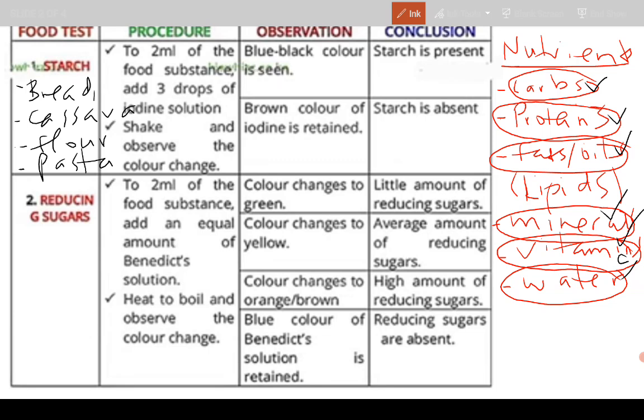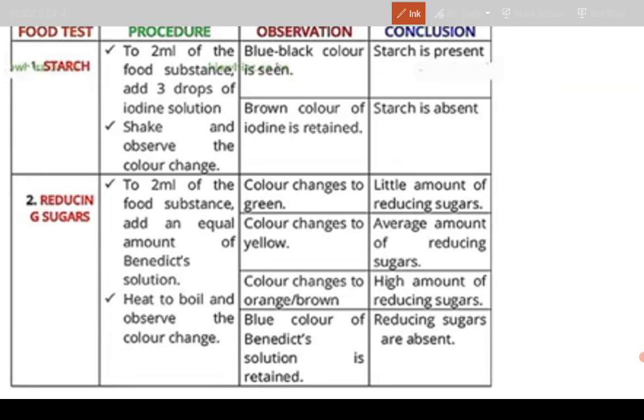Also, for those foods that do not contain starch, you can tell by carrying out the same experiment. Depending on the results, you can deduce whether starch is present or is not present.